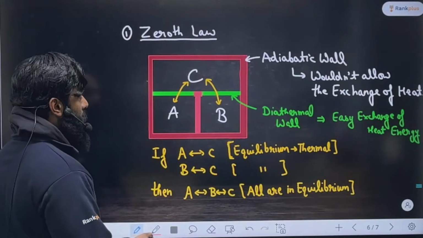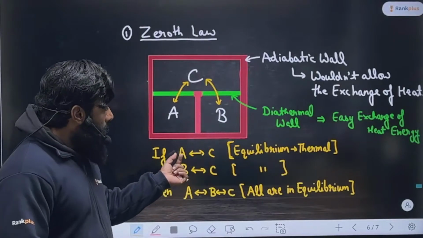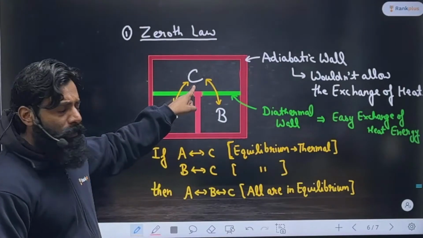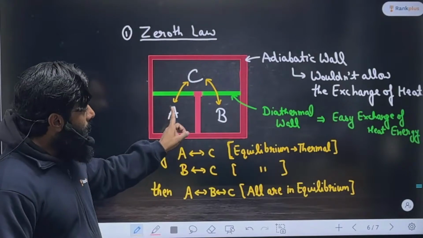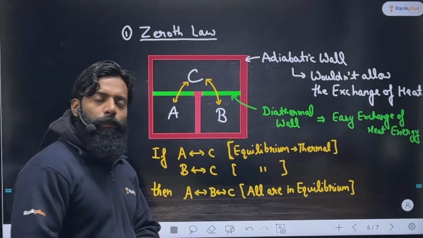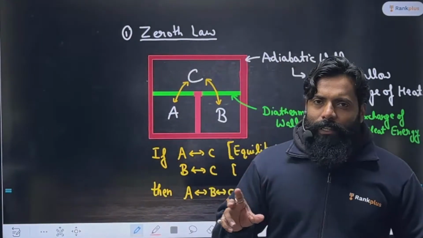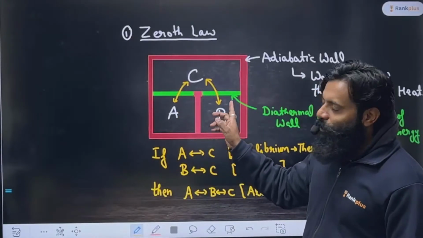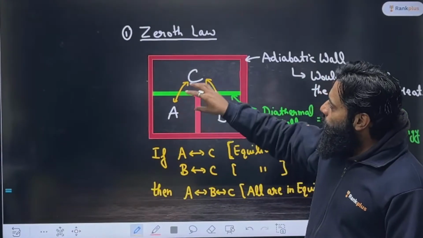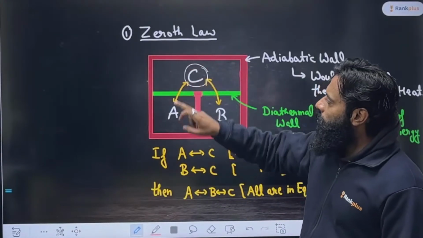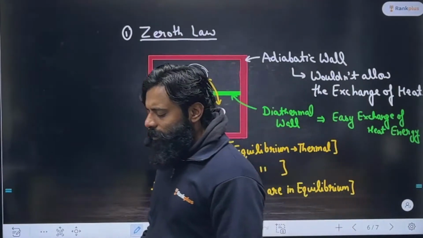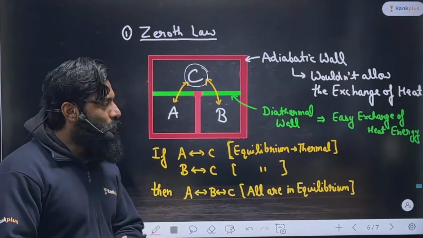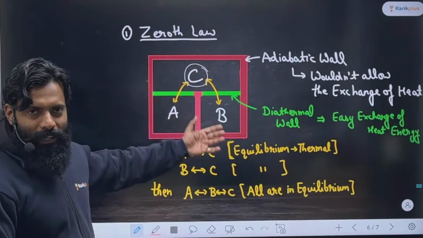Or you could say that if A is in thermal equilibrium with C and B is in thermal equilibrium with C, then A is also in thermal equilibrium with B. Indirectly, there is no way for heat exchange, but when we have a common point, there is a linkage between A and B. This is basically a fancy way to say how we attain thermal equilibrium.